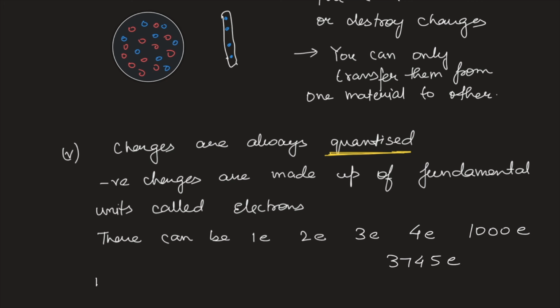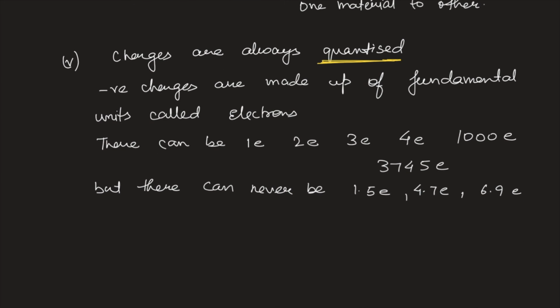but there can never be 1.5 electrons or 4.7 electrons or 6.9 electrons. So this is not possible, because the fundamental units are electrons.